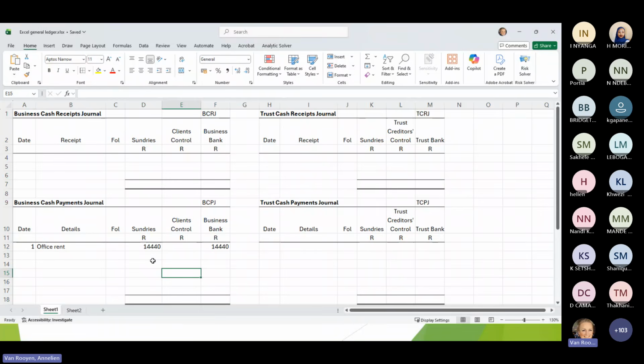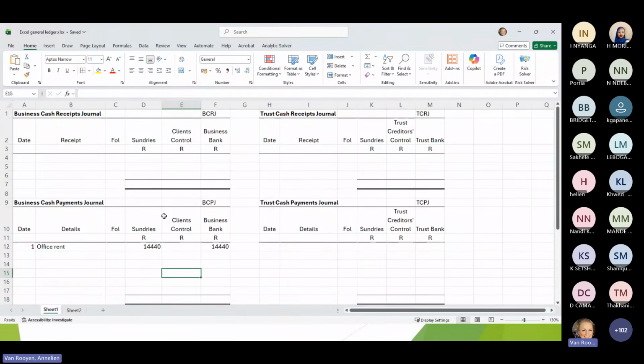Again, on the 1st, purchase by EFT, Government Gazettes accounting amounting to 2,200 for the library. The carrying amount of the law library before the above mentioned purchase was 12,000 Rand. Okay, so we purchase Government Gazettes for the library.